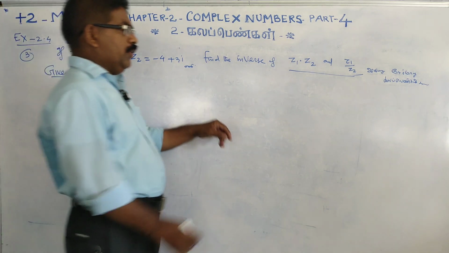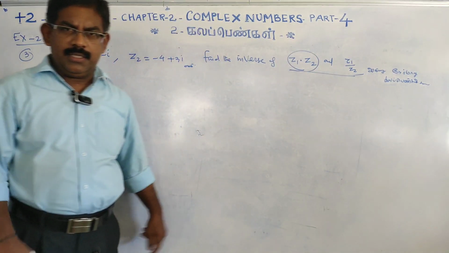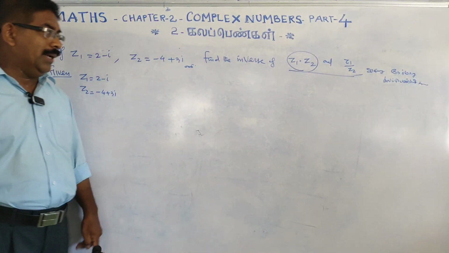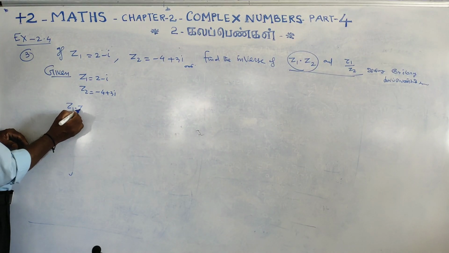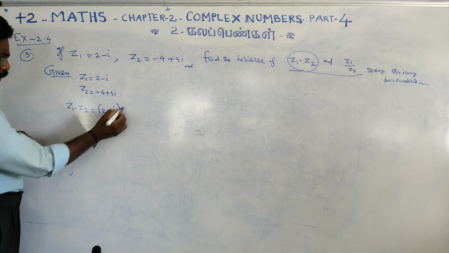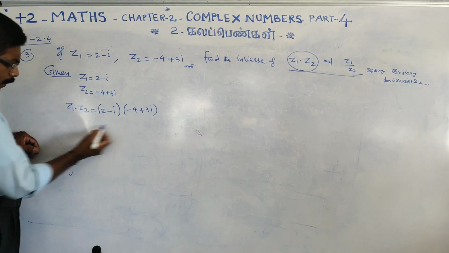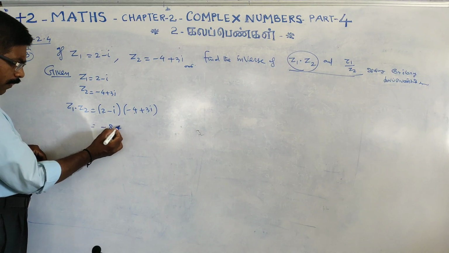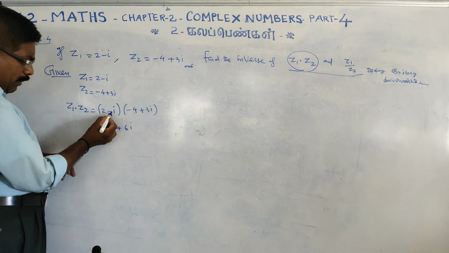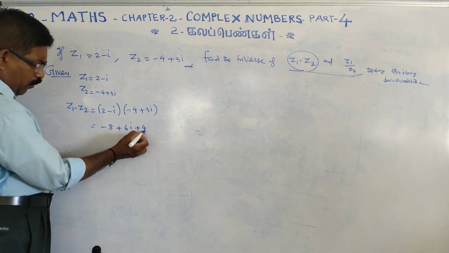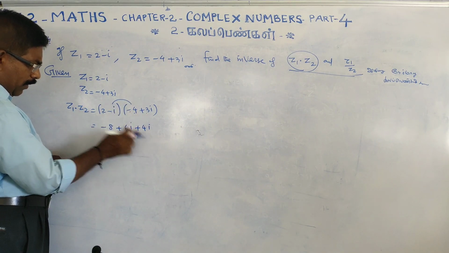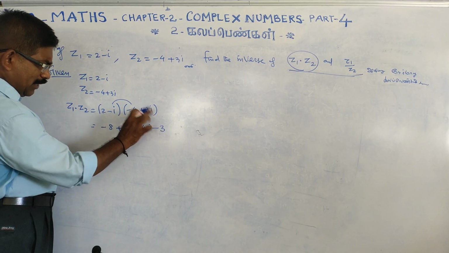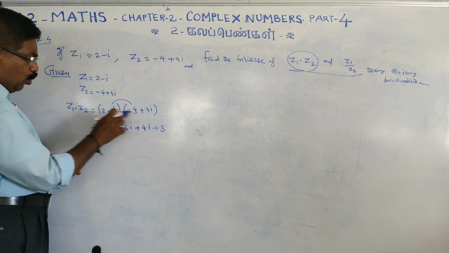How can we find the inverse? First you multiply the two complex numbers z1 and z2. You multiply z1 into z2: 2 minus I into minus 4 plus 3I. 2 into minus 4 is minus 8, 2 into 3 is 6I, minus I into minus 4 is plus 4I, minus I into 3I is minus 3I square, and I square means minus 1, so that is plus 3.